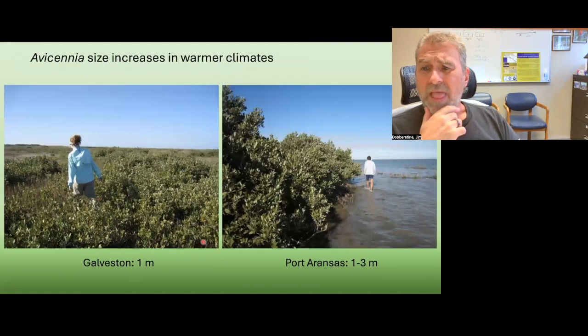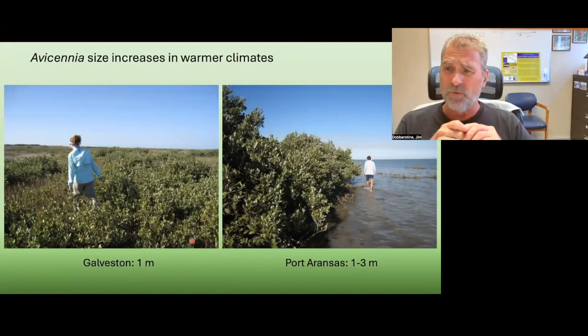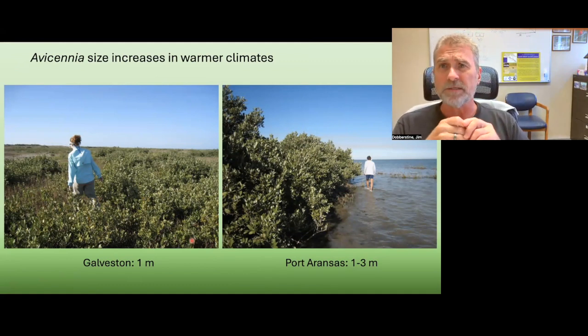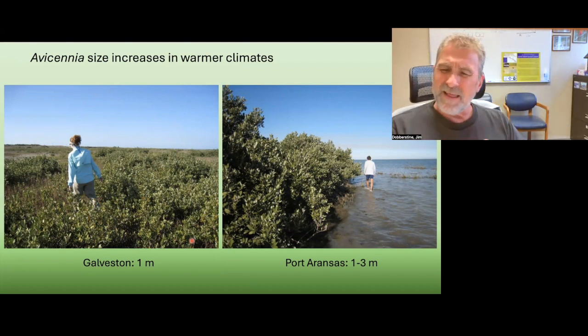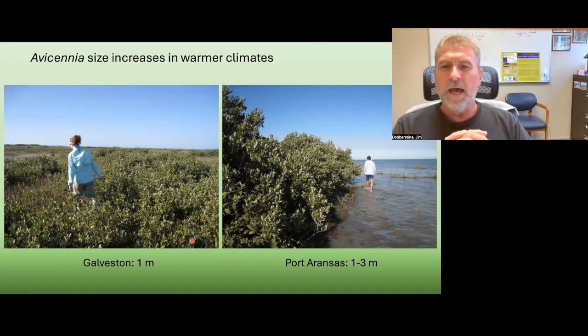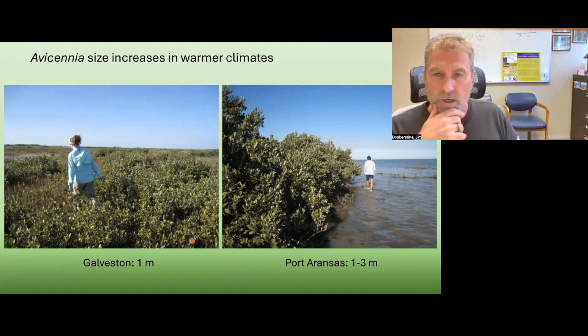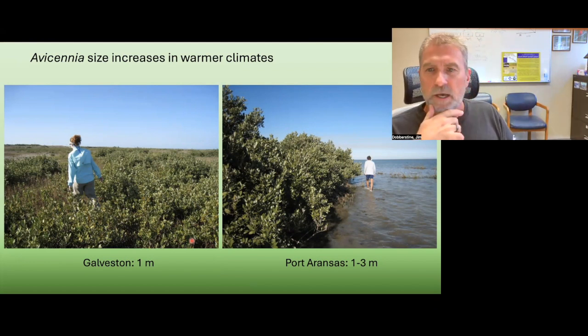They do tend to get larger with warmer climates. One of the things on this part of the Texas coast is we have regular freezes. It is not unusual for us to see a freeze every winter, and sometimes really extreme freezes. You certainly remember the one in 2022, no doubt. So in Galveston you'll typically see them on the shorter side, a meter or so. But down south toward Port Aransas, you'll see them 3 meters tall or more in some cases.